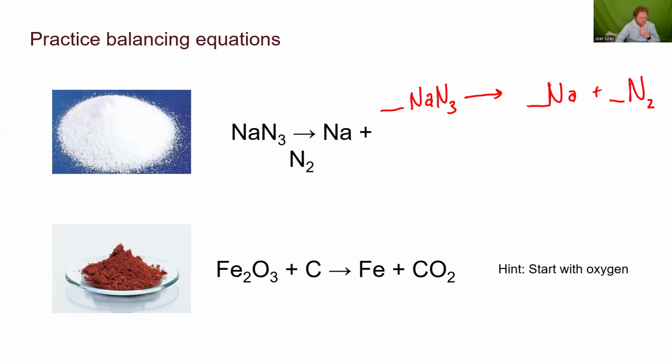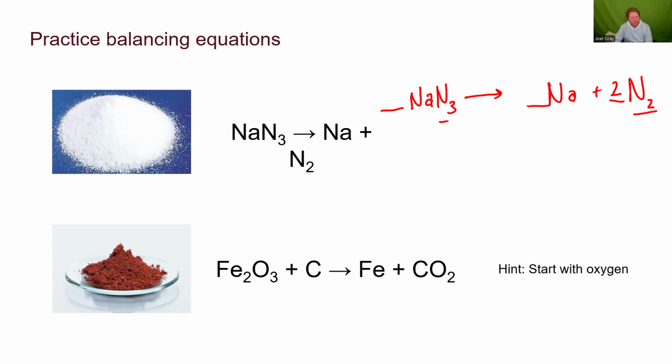Well, one thing that you could do is you could just plug in a number and say, okay, well, N2, that's lower than N3. So what I'm going to do is I'm going to put a 2 out in front there. If I put a 2 coefficient in front of N2, how many nitrogens will I have on my product side? Add that to the chat. 4.